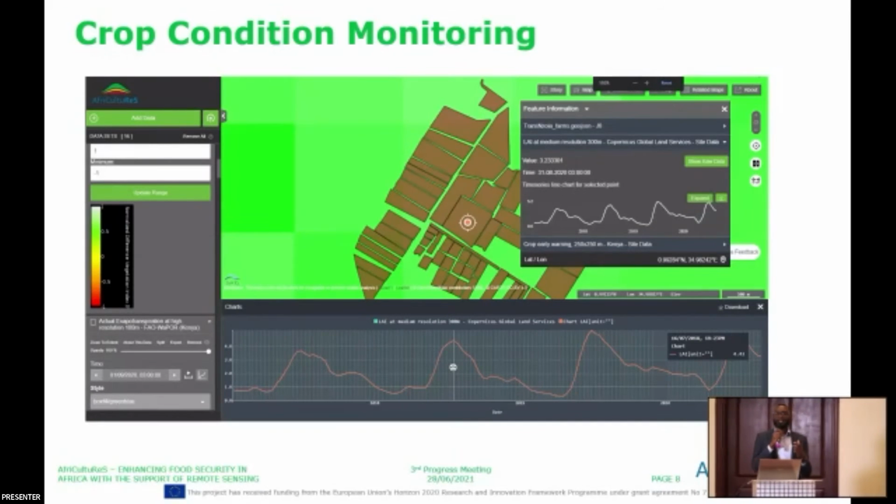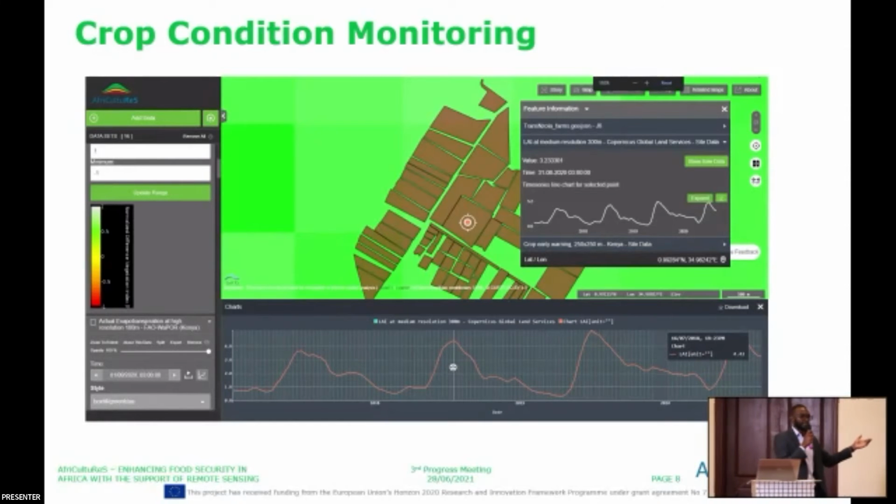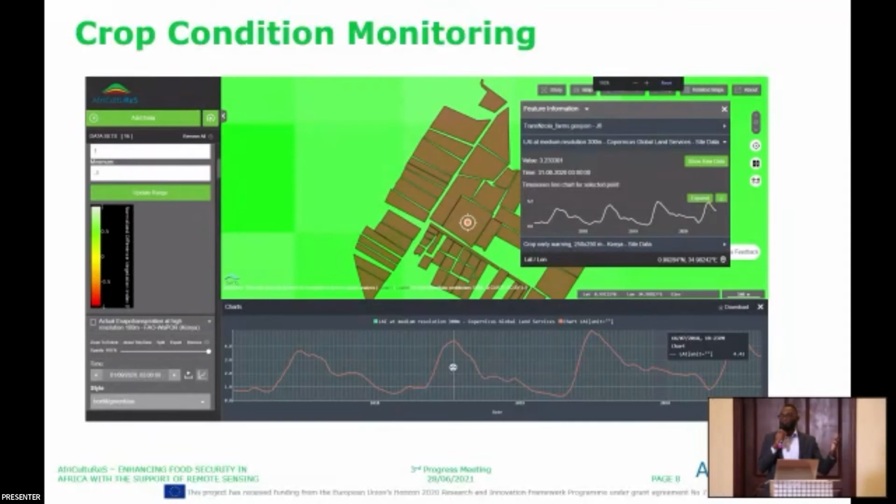So this is information that can be used by people offering advisories to farmers. If you have your farmers in a group and you have their databases or an idea of the location of their farms, you can synthesize this information and easily give long-term advice on the practices of the farmers.